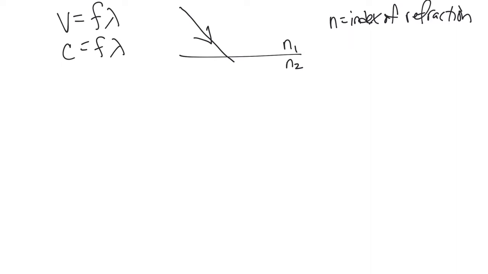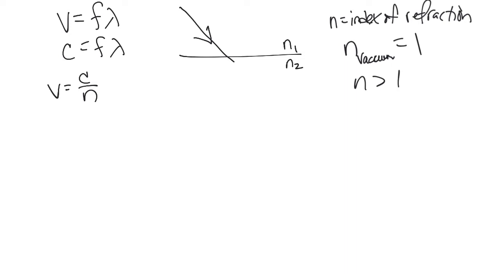The index of refraction of a vacuum is 1, and all other n's are greater than 1. The speed of light in a material is c divided by n. Since n is greater than 1, the speed of light in any material is going to be less.